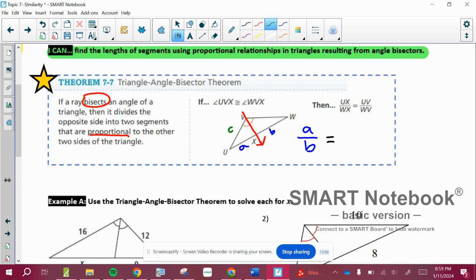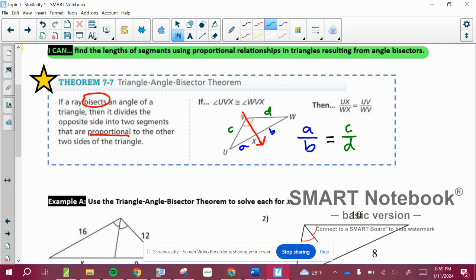I'll call this C and D, for example. So the two parts of the side that get cut by the bisector are proportional to the two other side lengths of the triangle. So A over B is equal to C over D.